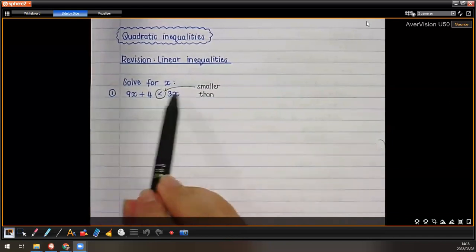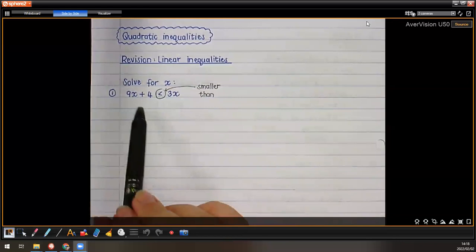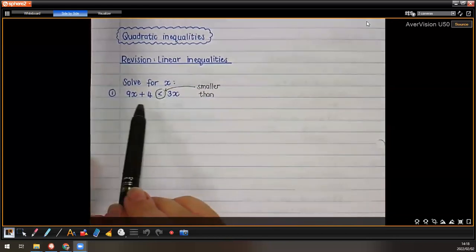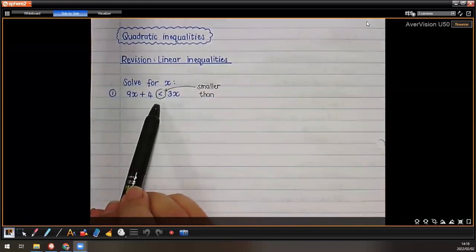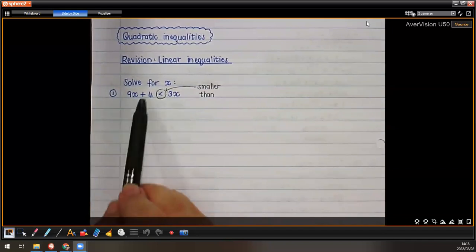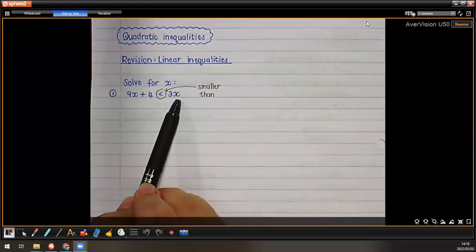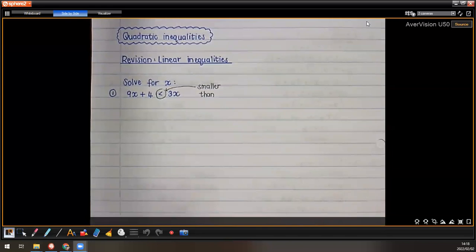So we're not trying to find left-hand side equal to right-hand side. We're trying to find left-hand side smaller than right-hand side. For example, 2 is smaller than 3.